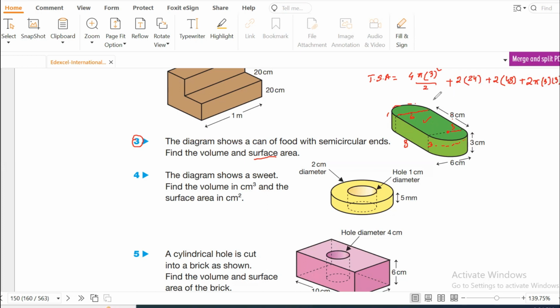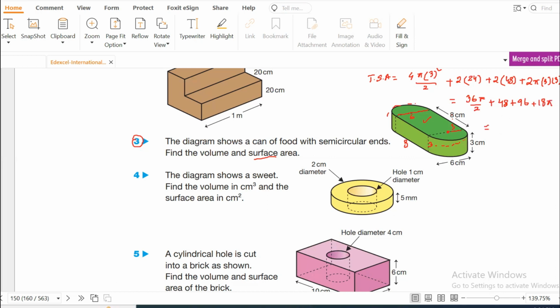Now we will simplify: 3 threes are 9, 9 multiplied by 4, 36 pi over 2, plus 24 multiplied by 2, 48, 48 multiplied by 2, 96. Here 3 threes are 9, 9 multiplied by 2, 18 pi.